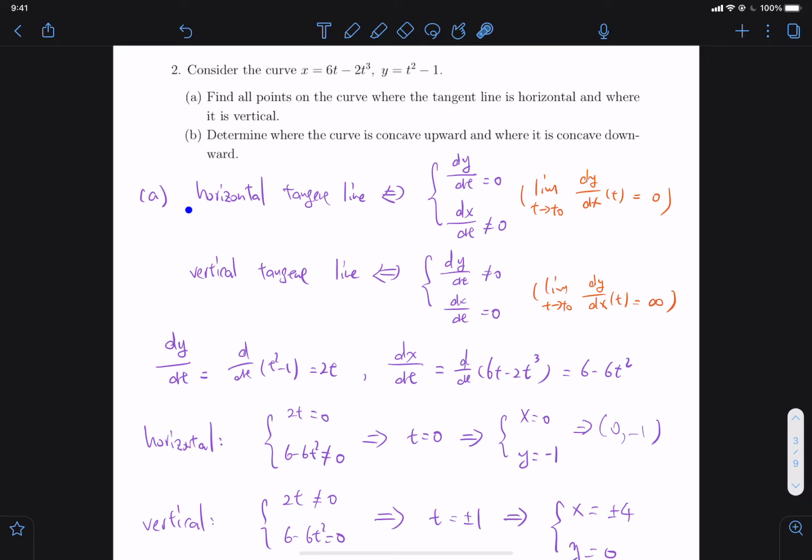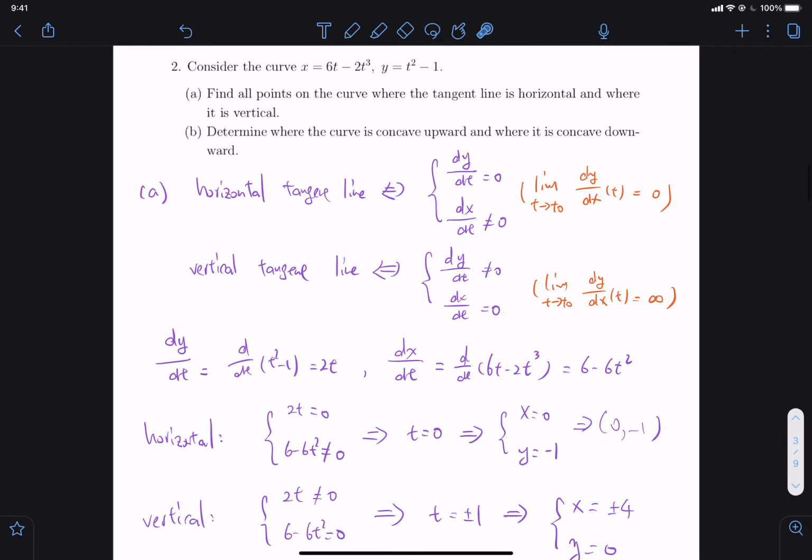Horizontal means that dy/dt is equal to 0 and dx/dt is not equal to 0. More formally speaking, the limit as t goes to t0 of dy/dt of t is equal to 0.